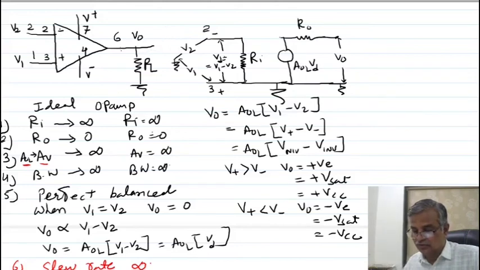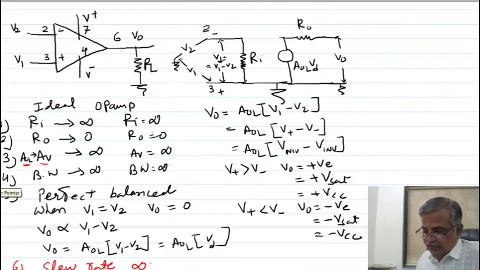Now here I have shown the equivalent circuit. Here AOL and VD are mentioned. The output resistance is very, very low. You can connect any input directly, so there is no loading effect on the previous circuit due to the very high input resistance. Some important points I am telling you.